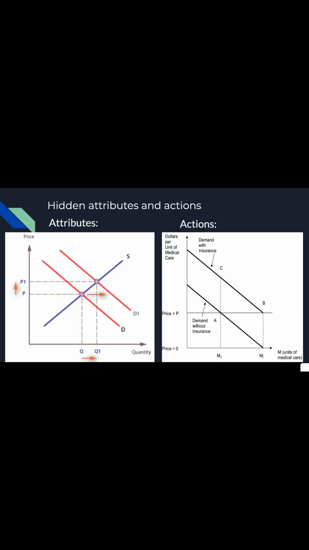Next, we have two small graphs for asymmetric information, which are hidden attributes and hidden actions. With hidden attributes, buyers assume that a product is bad and the demand curve shifts downwards. So your original demand curve is higher, and the second one is a lot lower. This means only low quality sellers remain on the market, which causes it to unravel.